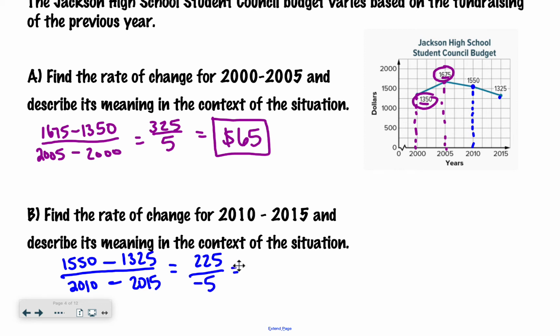So if I do 225 divided by negative 5, I get negative 45. In this context, it means that their budget actually went down $45 per year during that time. Okay, so a slope can tell you whether things are increasing or decreasing and how quickly.